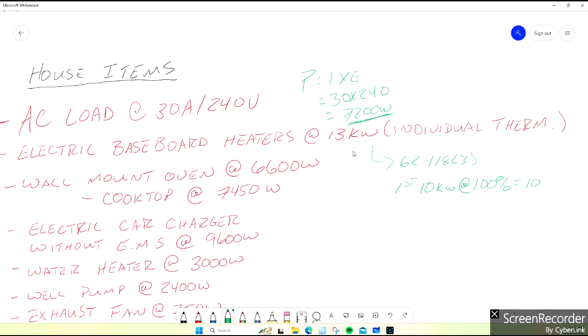So 10,000 watts, and then I take the remainder, and in our case our remainder is going to be 3,000 at 75%. So if I do the math on that, 3,000 times 0.75, it gives me 2250. So our heating load we're going to apply is 12,250 watts.